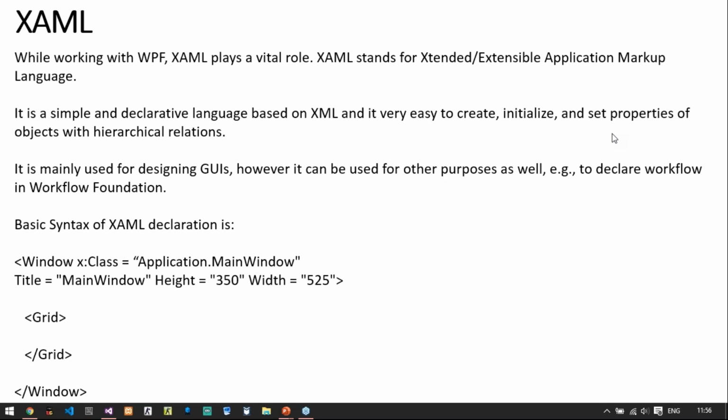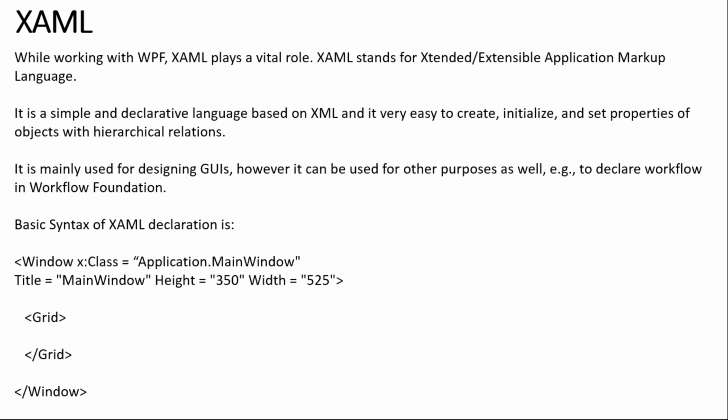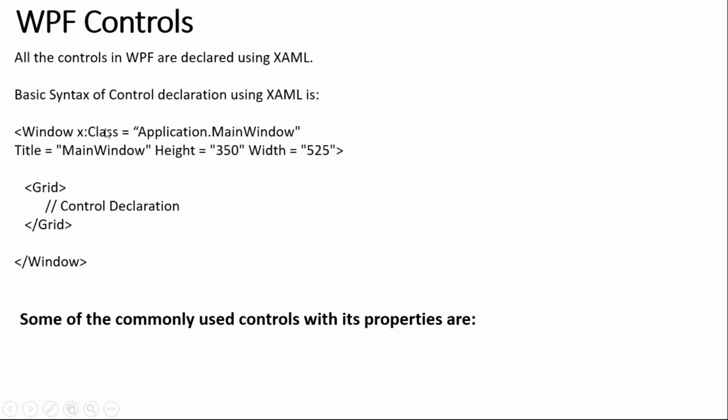Fine. So moving on next, we see one example. Again, with the same syntax, your control declaration goes here. So this is the answer for your generalized syntax of XAML. Let me recall one thing.